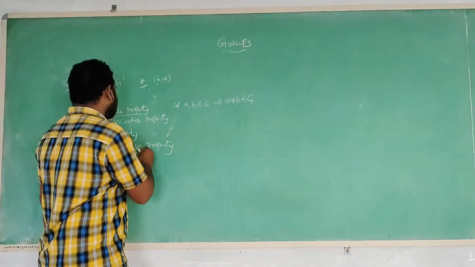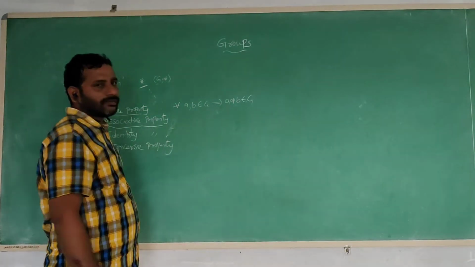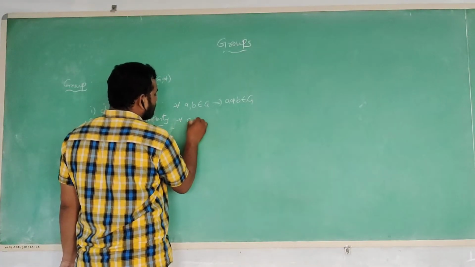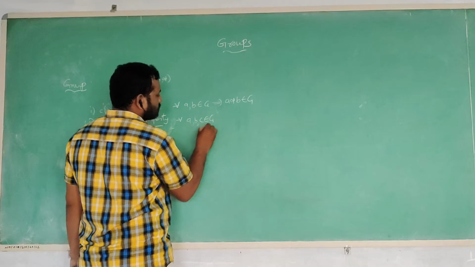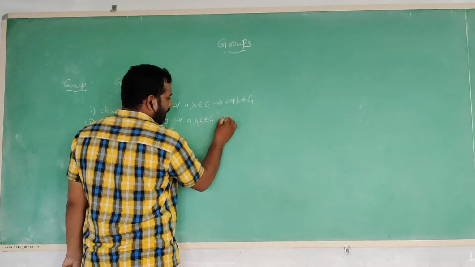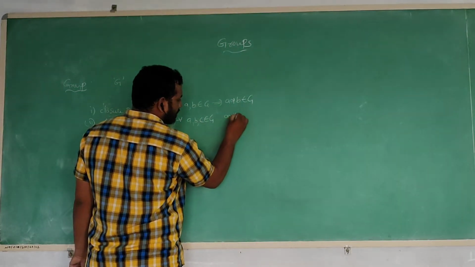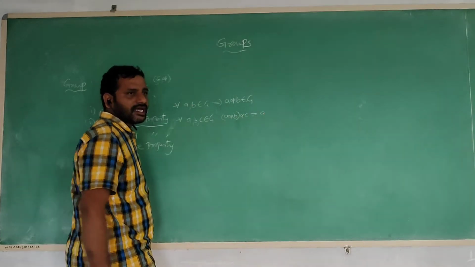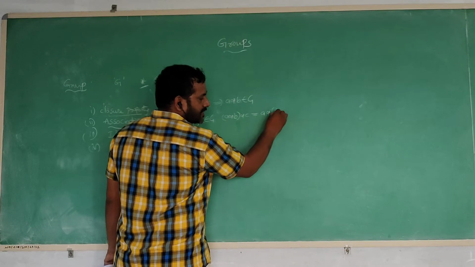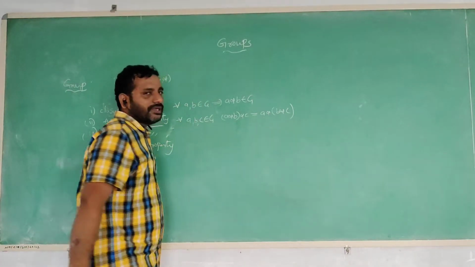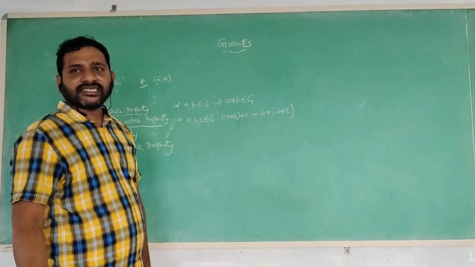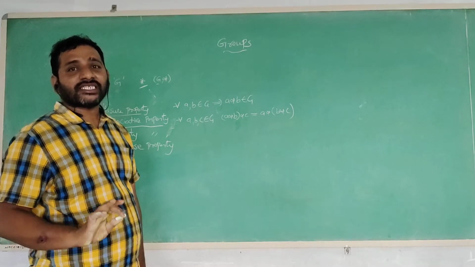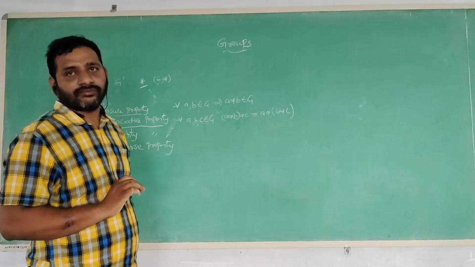Next, the associative property. If for all a, b, c belongs to G, a star b star c equals a star (b star c), then G satisfies the associative property with respect to the operation star.